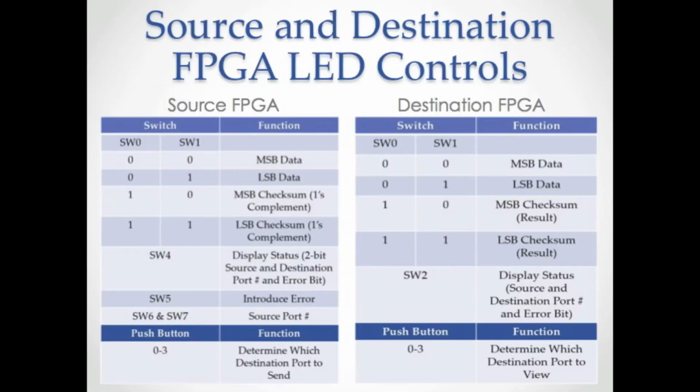On this slide we can see how the switches and push buttons interact with the boards. By toggling through the switches, we could view the data, checksum, display status, or even introduce an error bit. The push buttons correspond to which port number the data will be sent to. This slide will be of particular importance to us during the demo, which will be shown in a different video.